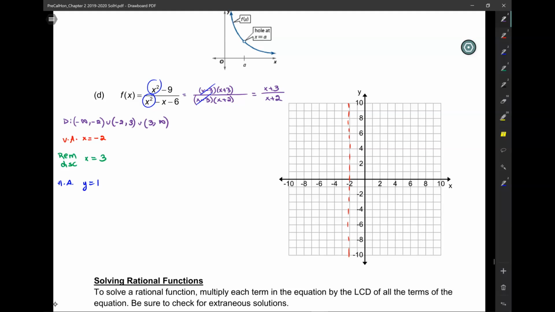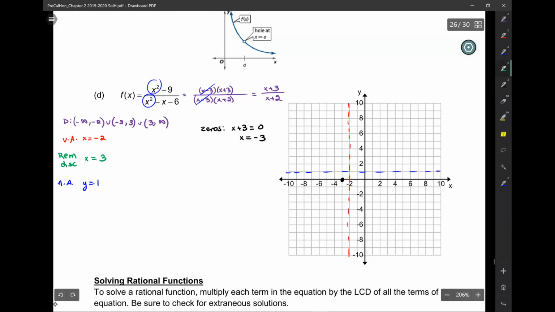Okay, so now let's figure out what the zeros are. So let me put in the horizontal asymptote. Okay, so what are the zeros? Yeah, you set the new numerator equal to 0. x equals -3. So there's the 0. Okay?